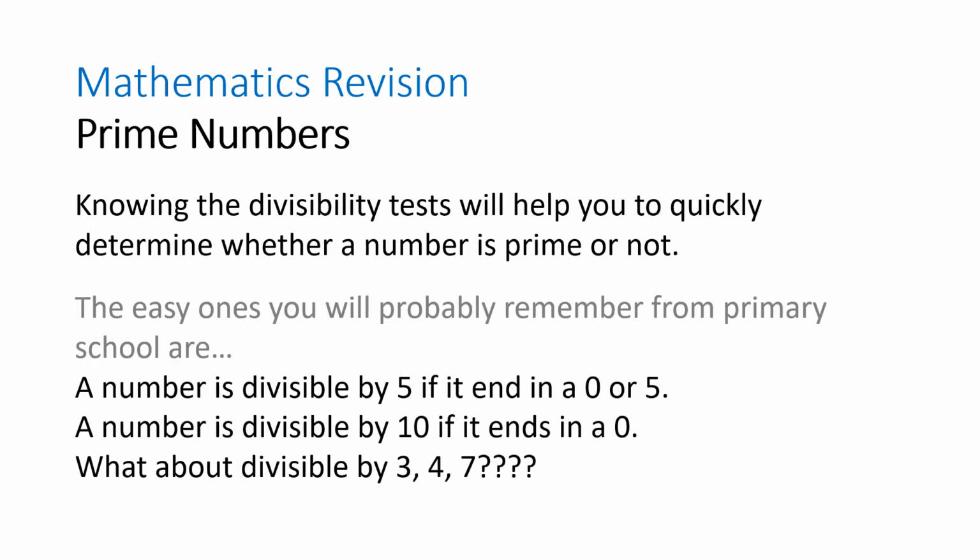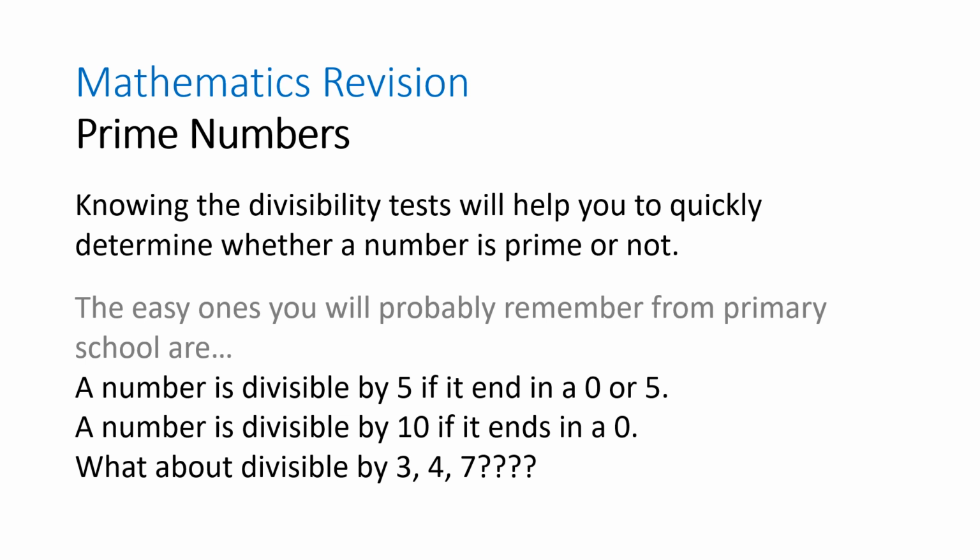So we've got prime numbers, so knowing the divisibility tests will help you quickly. If you have a set of numbers, what I would normally teach is, you can write them out, and then I would say get rid of anything that is even unless it's the number 2.